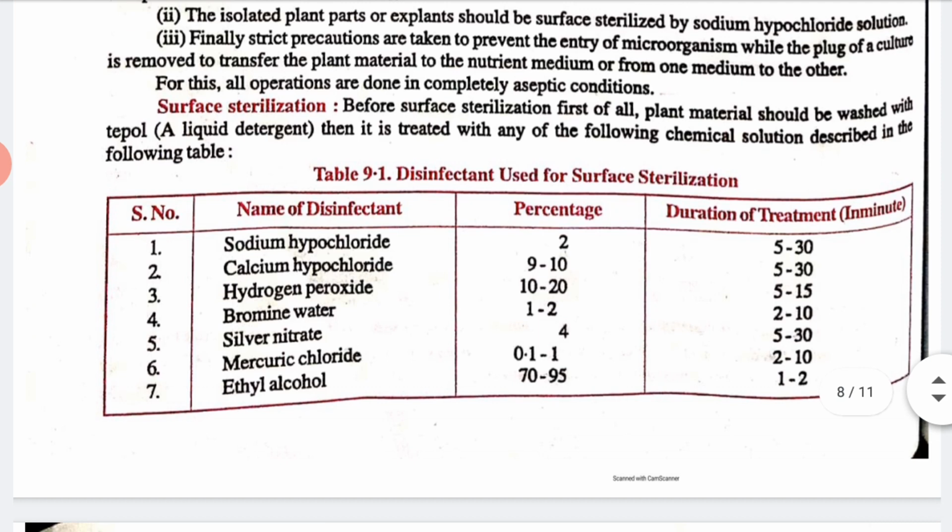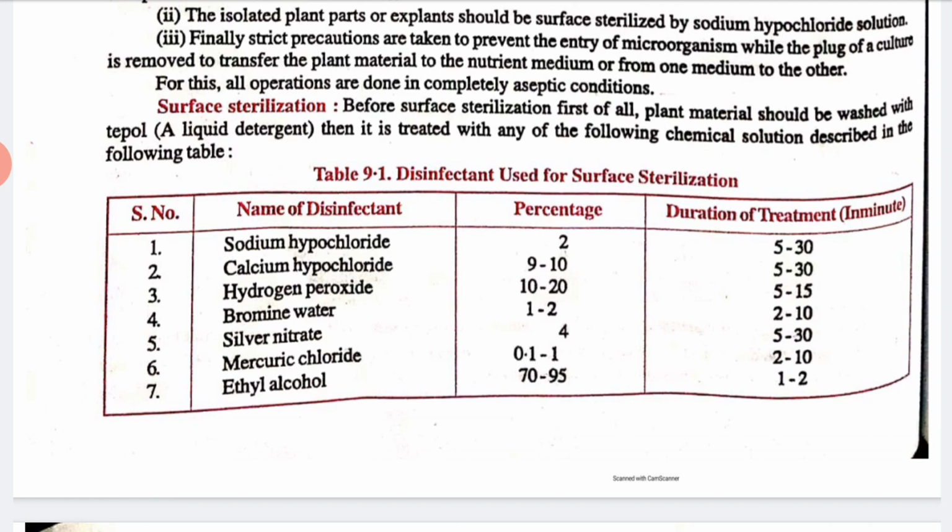So for that we need the name of the disinfectants, what percentages we are taking, the duration of the treatment, means in which duration we are doing which type of treatment. So all these things according to the chart.